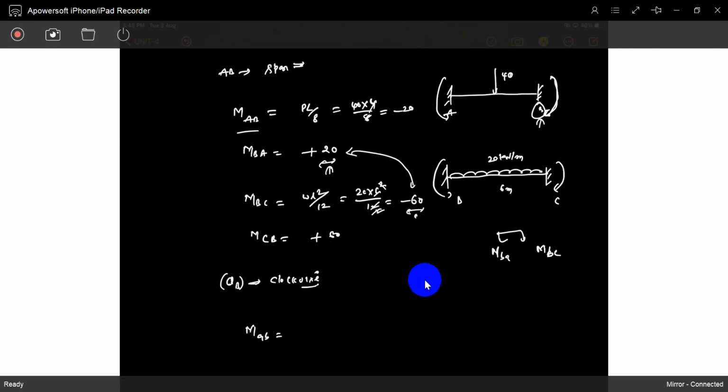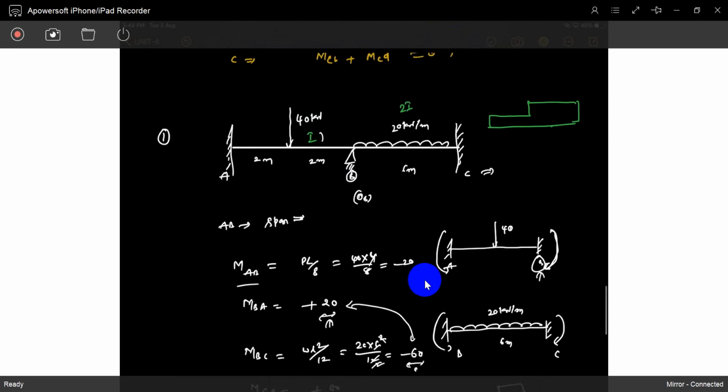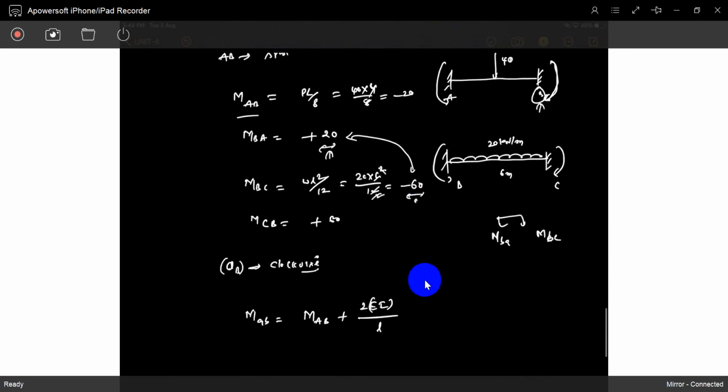MAB is the fixed end moment of MAB plus 2EI by L, 2 theta A plus theta B. AB is only I. There is no differential settlement, so you will strike it out.